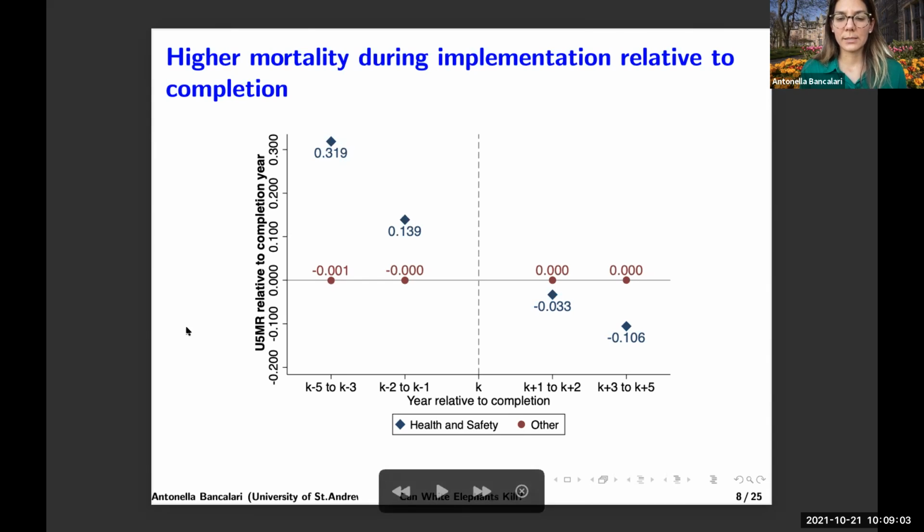So what is important to take up here is that this mortality that is higher before completion is the one that is related to health and safety hazards. So essentially infectious diseases, waterborne diseases, nutritional deficiencies, as well as accidents, which are the ones that could be linked to the implementation of these sewerage projects. We do not observe that the mortality is higher before the year of project completion for any other unrelated causes such as non-communicable diseases and congenital malformations.